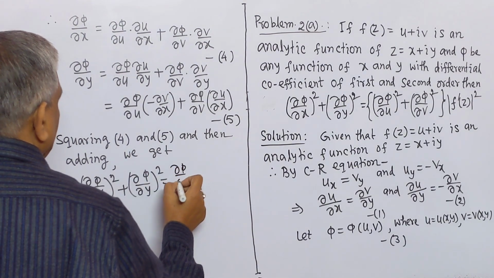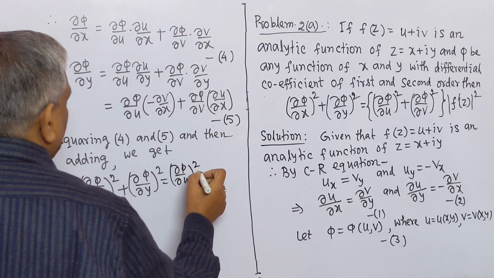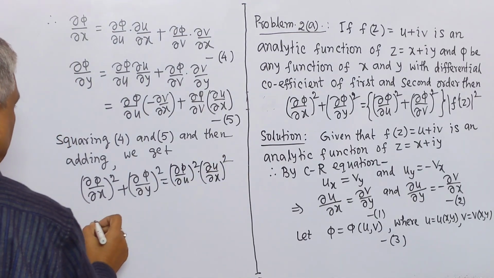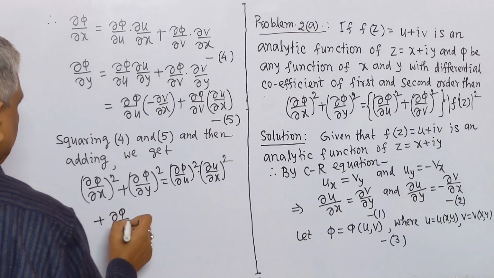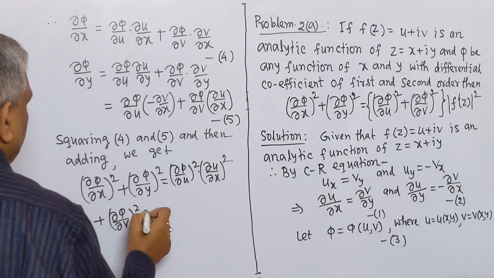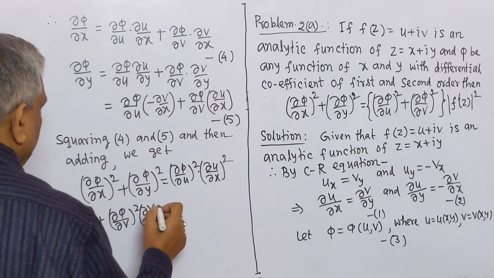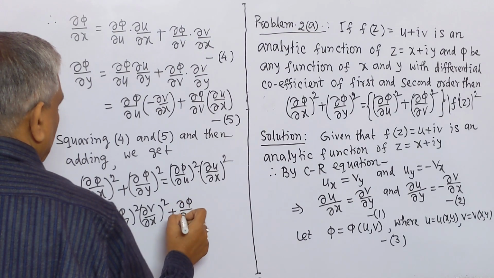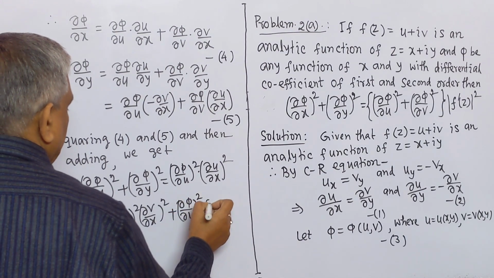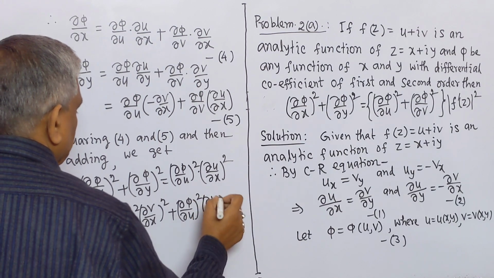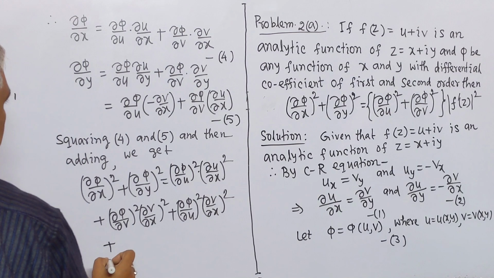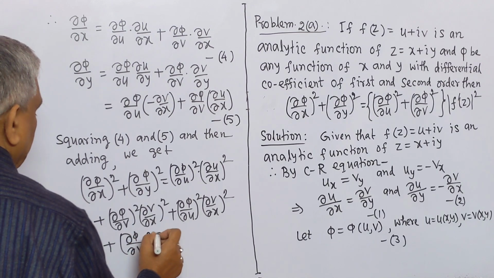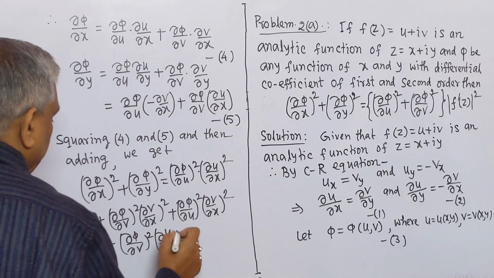del phi by del u whole square multiply del u by del x whole square, plus del phi by del v whole square del v by del x whole square, plus del phi by del u whole square del v by del x whole square, plus del phi by del v whole square del u by del x whole square.